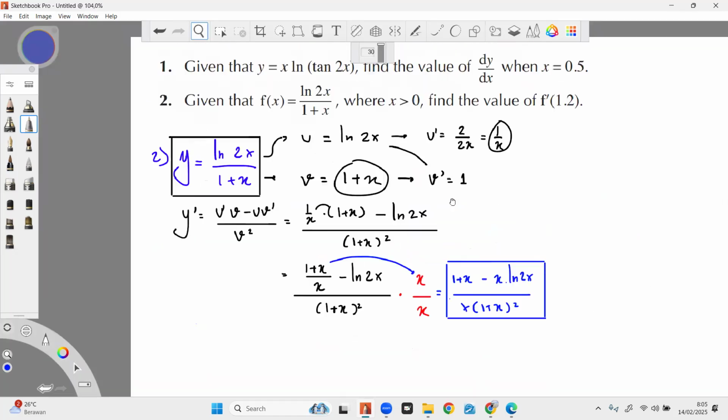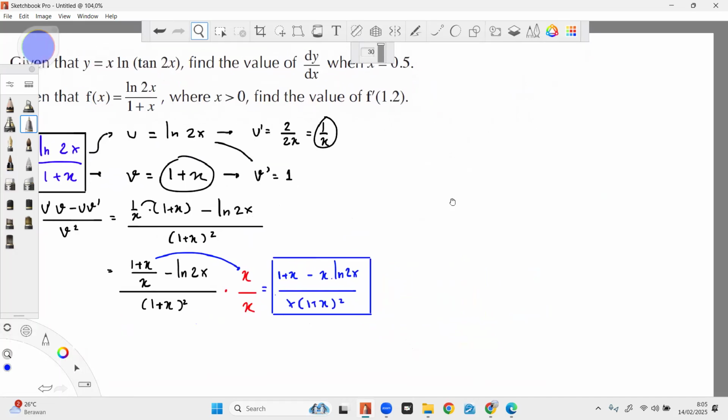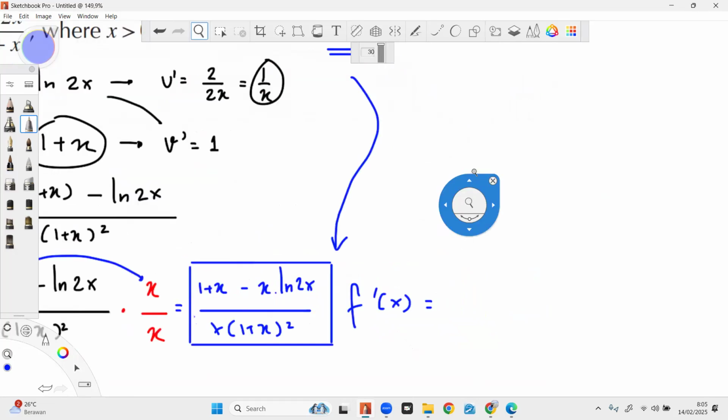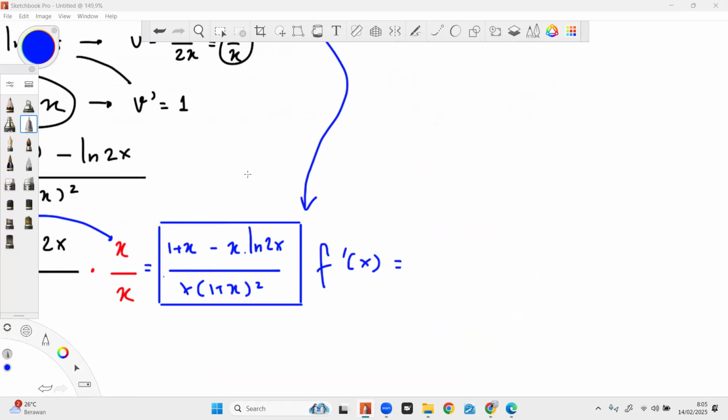So we get the dy/dx and find the value of f'(x), which is here, of x equals 1.2. What do you have to do then? You change all the x by 1.2.